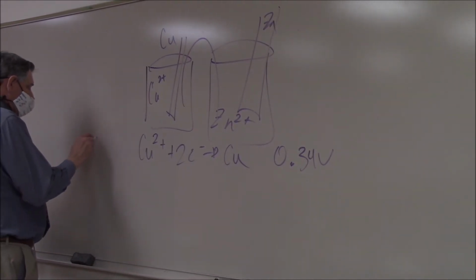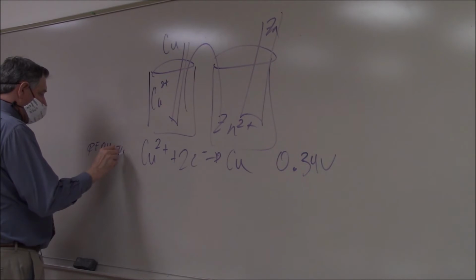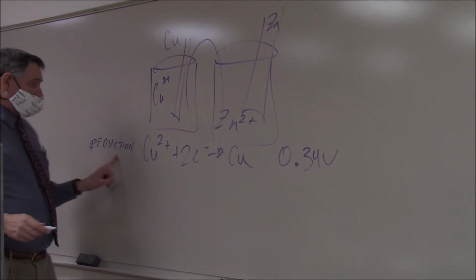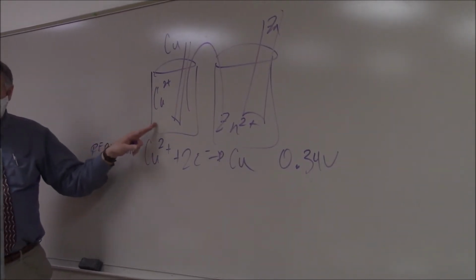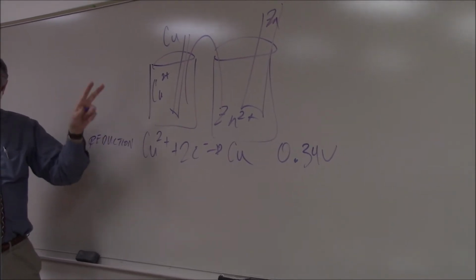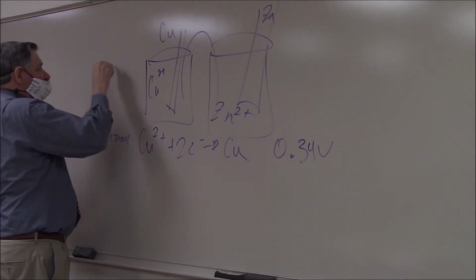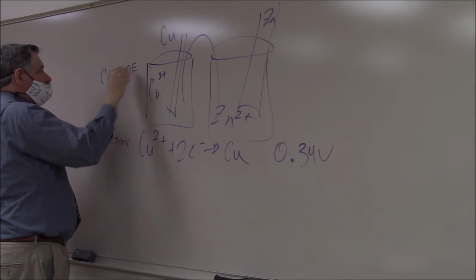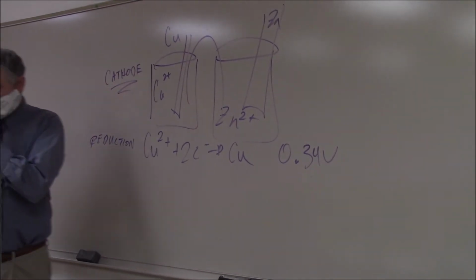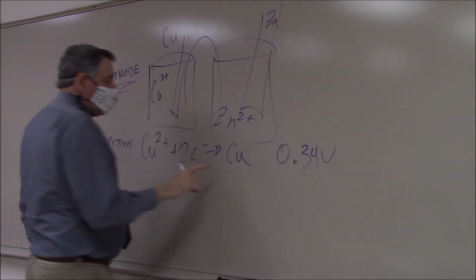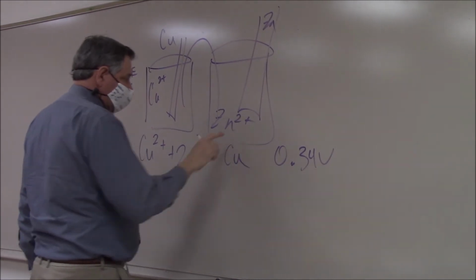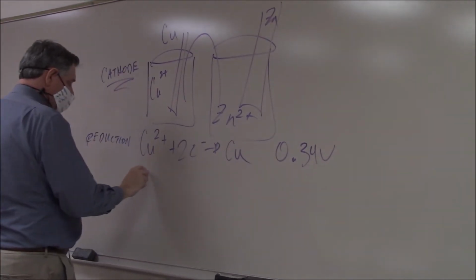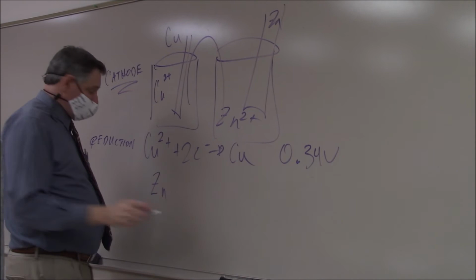So this is going to be the reduction. If this is the reduction, is this the cathode or the anode? Cathode, because it's the red cap, right? So this is going to be my cathode.